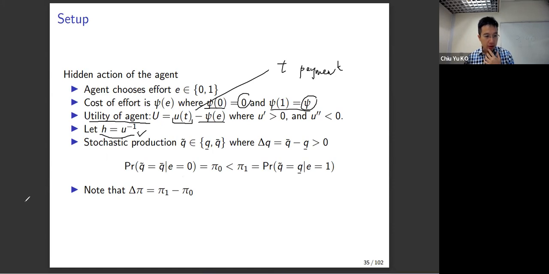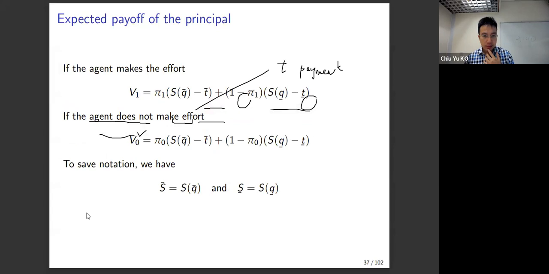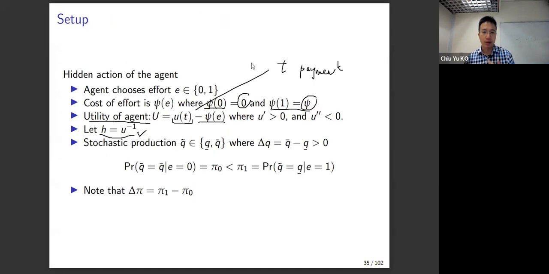I think it may be wrong here. This is a typo. Pi 0 is don't make effort, high output. Pi 1 is make effort, high output. Sorry for the typo.